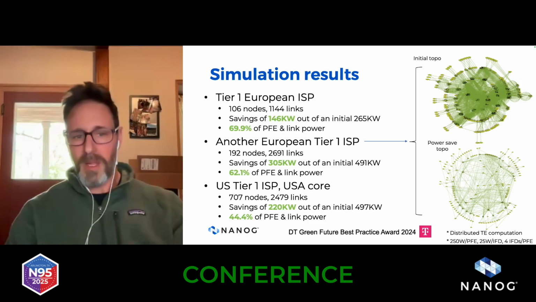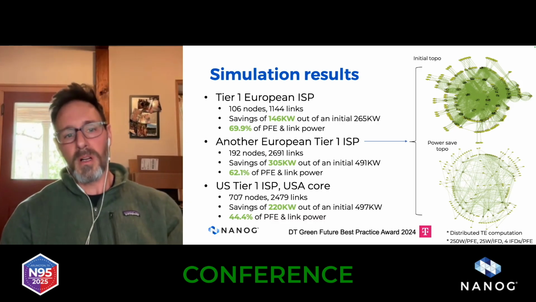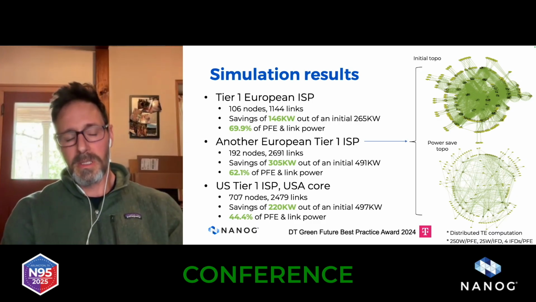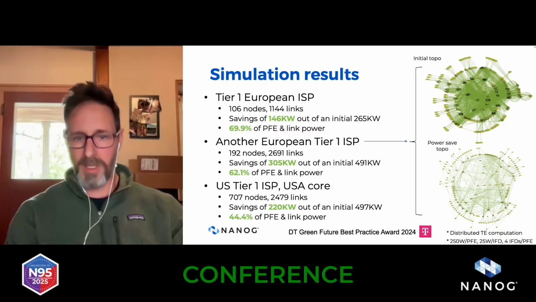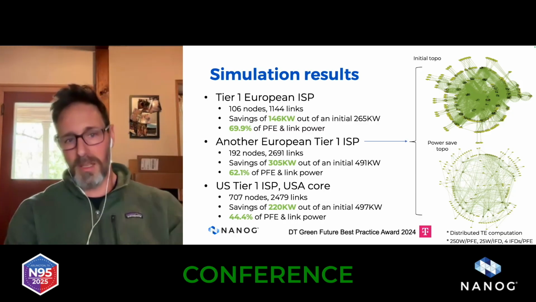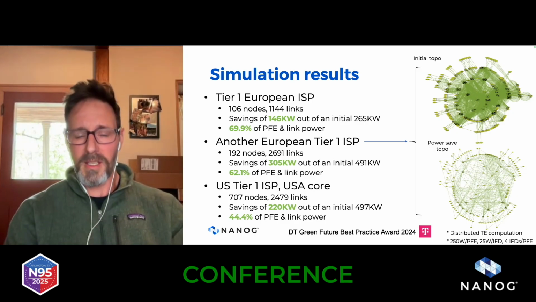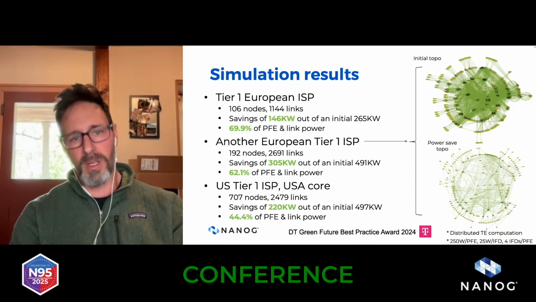Now, I want to mention before I get off this slide 2 important items. The first is that these simulations did not compromise resiliency. The resiliency strategy that we used when we were doing the simulations is just single link failures. So the power save topology that's depicted on the bottom part of the slide is resilient for single link failures. The second thing that's important is the actual power values that I'm showing here.